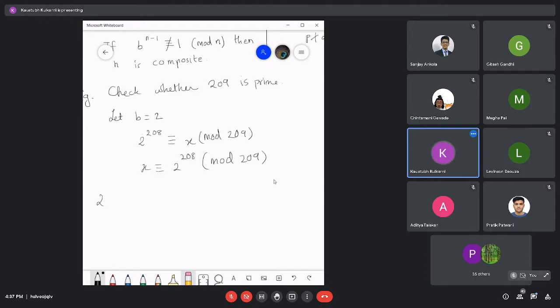You'll start with 2 square, which is congruent to 4 modulo 209. 2 raised to 4 is congruent to 16. 2 raised to 8 is congruent to what?